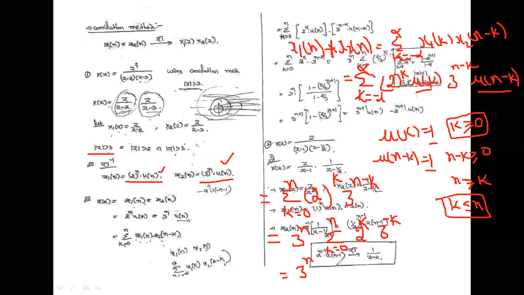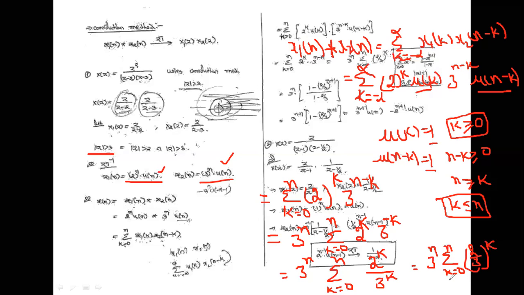So now I am writing the sum of k equal to 0 to n of 2 power k and the inverse 3 power minus k. That is equal to 3 power n into the sum of k equal to 0 to n of (2 by 3) whole power k.